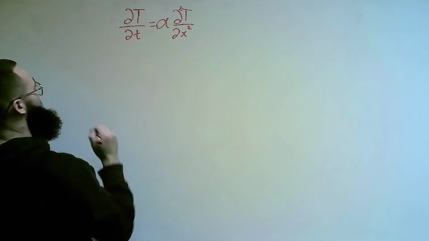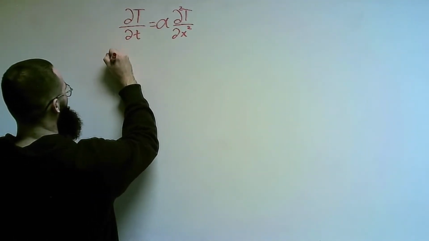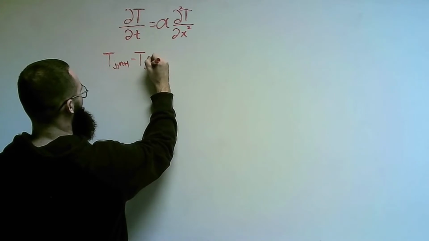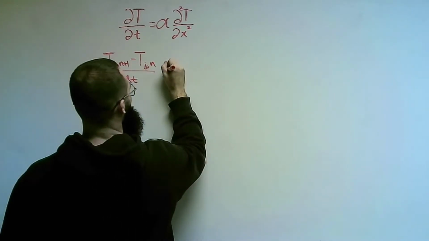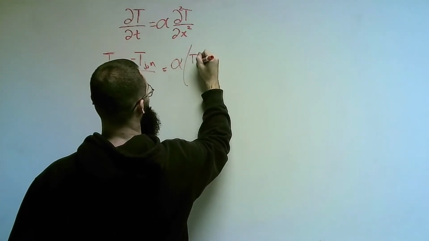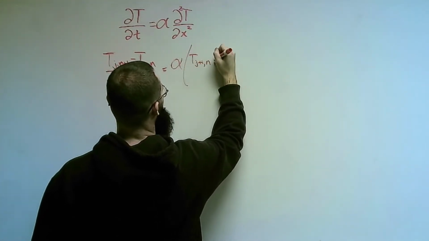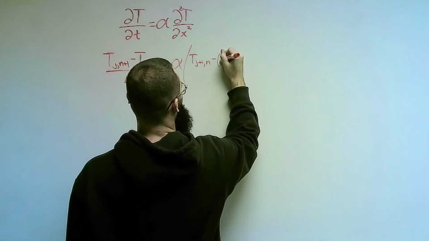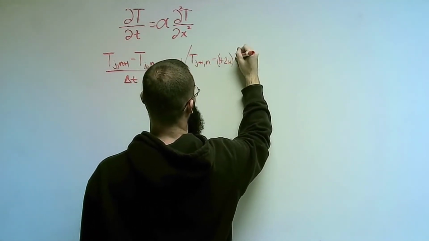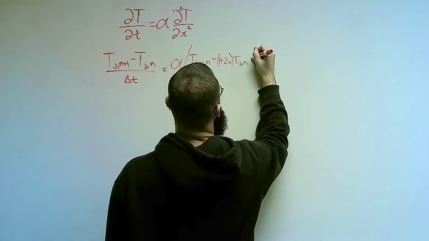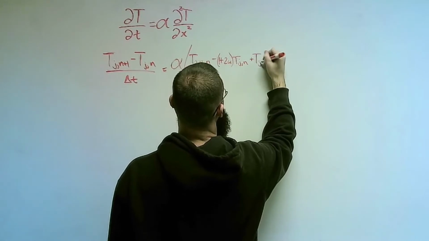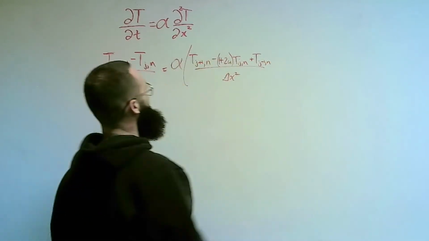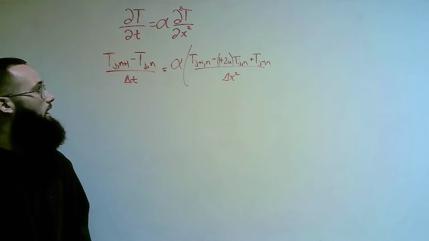For the partial derivative of temperature with respect to time, we'll get (T_j^(n+1) - T_j^n) over delta t is equal to alpha times (T_(j+1)^n - (1 + 2u) T_j^n + T_(j-1)^n) all over delta x squared. And this is what we had for the explicit differencing, and that was the end of it.